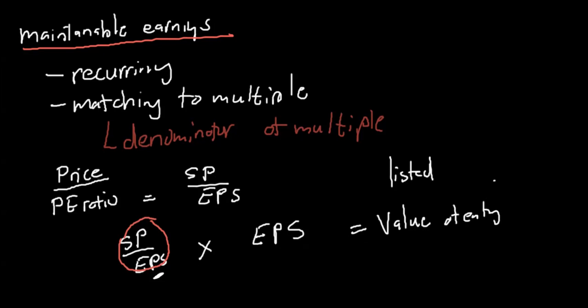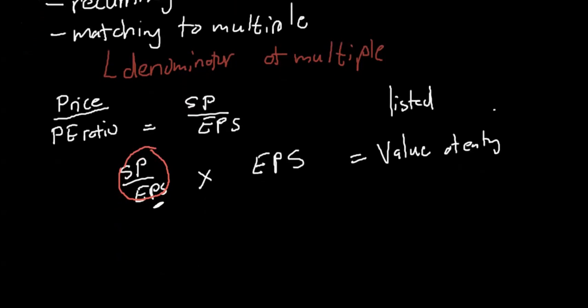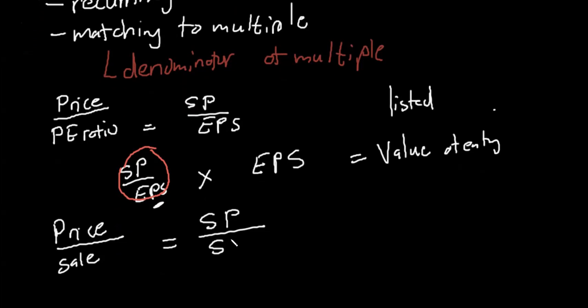Now, this is a very important concept. Let's look at a similar context. Let's assume now you used price to sales. This is the same as saying the share price of a company divided by the sales per share of the company.